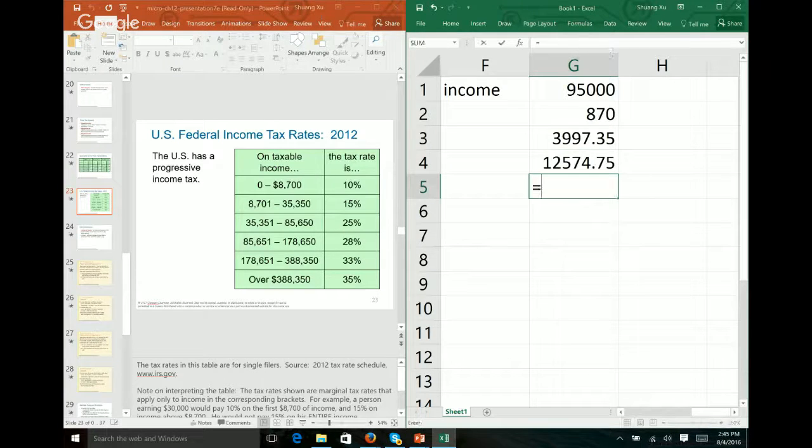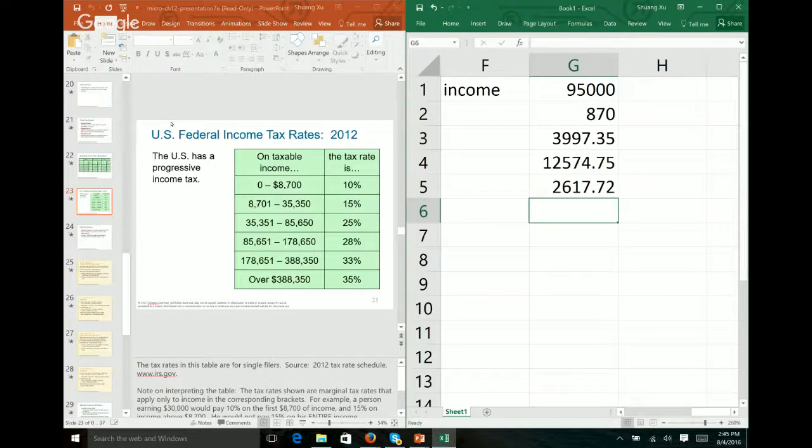And then the last one, since your income is 95,000, which is in this bracket, don't go all the way to 178,650. We don't make that much money. You're going to stop at 95,000. So this would be from 95,000 to 85,651, and then this would be a 28% tax.